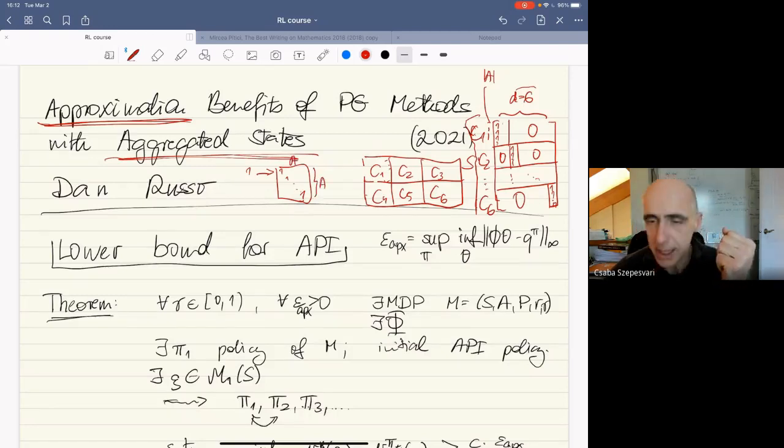So every one here is expanded to that little identity matrix. With that, you can distinguish between the different actions, but you cannot distinguish between the states that belong to the same group.